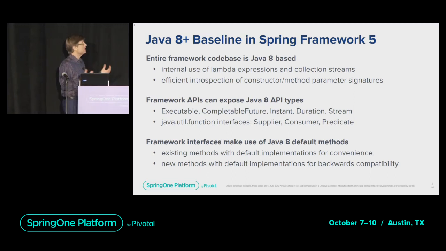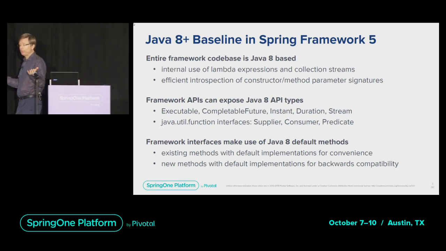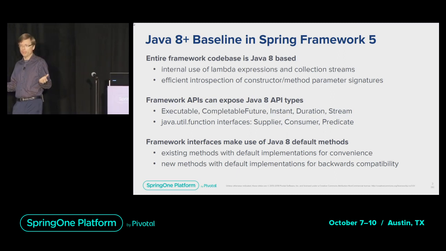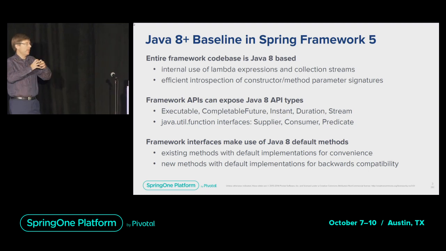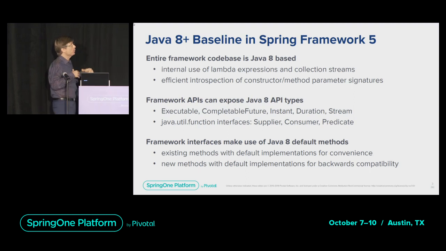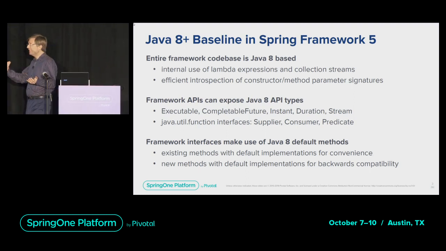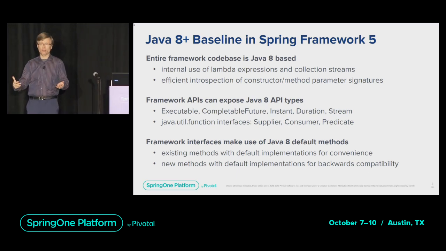So what does it actually allow us to do now? Well, previously, of course, if you remember, in Spring Framework 4.3, there was a Java 8 support story, but it was all based on a Java 6-based kernel, a Java 6-based core container with optional Java 8 support. In typical Spring style, it automatically kicked in if you were running on Java 8 or higher, right?